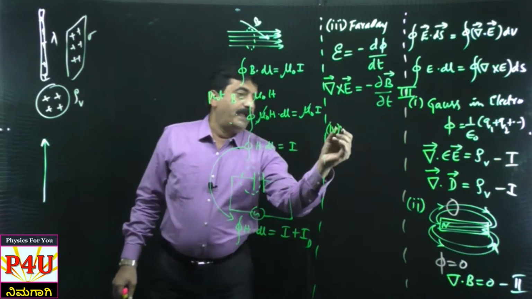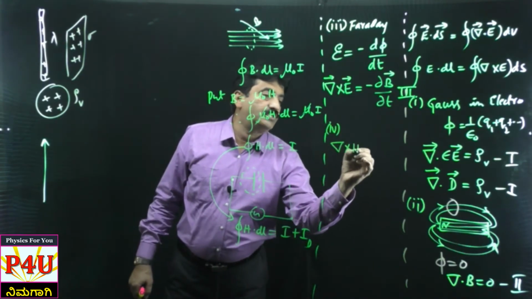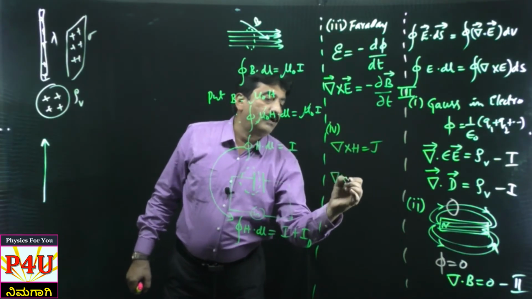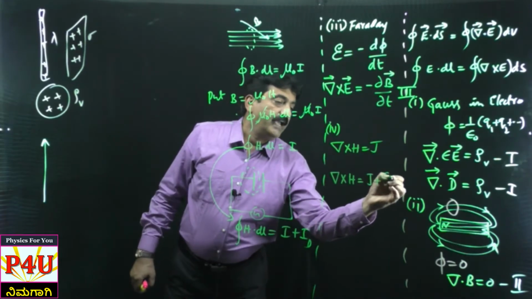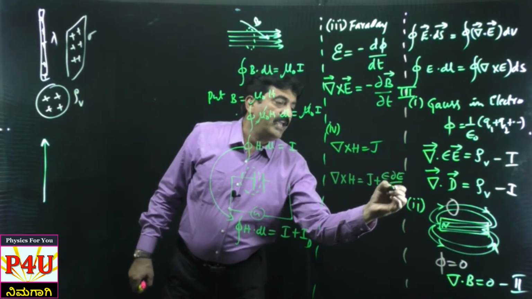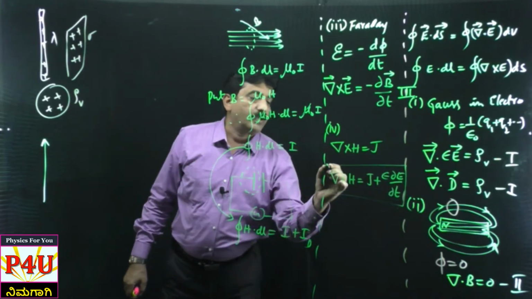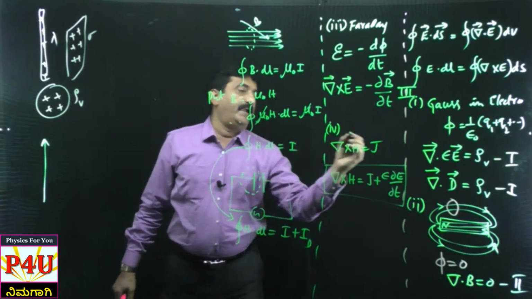So, the fourth Maxwell equation is del cross H equal to J, or del cross H equal to J plus epsilon dou E by dou t. There are two equations, right? Either this or this. What is the difference? I will tell you later on.